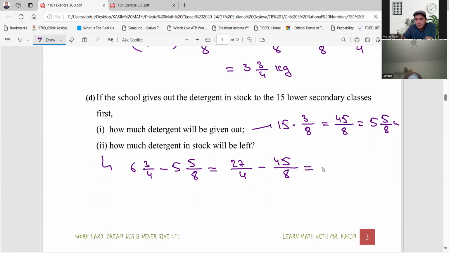The common denominator will be 8. So multiply the first fraction top and bottom by 2. So that is 54 minus 45, right? 54 minus 45 is 9. So 9 over 8, or 1 and 1 over 8 kg of detergent will be left, not used. Okay, very good.